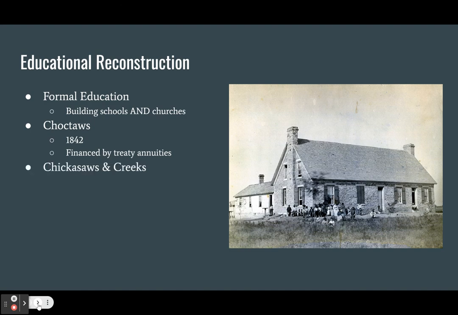For the Chickasaws and the Creeks, by the 1850s, the Chickasaws had 5 schools and the Creeks had 3 schools. And what's interesting here is that the Creeks in particular were willing to have schools to educate their kids, that's pretty impressive, right?